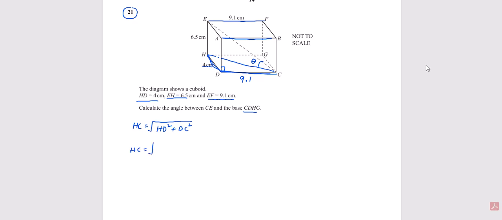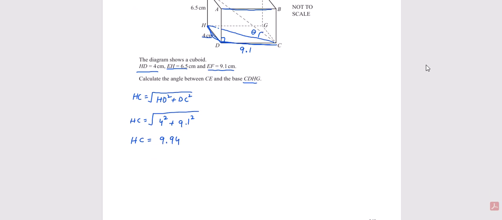HC is equal to HD, that is 4 square plus DC, 9.1 square. Calculate these values, taking the square root, that is equal to 9.94.